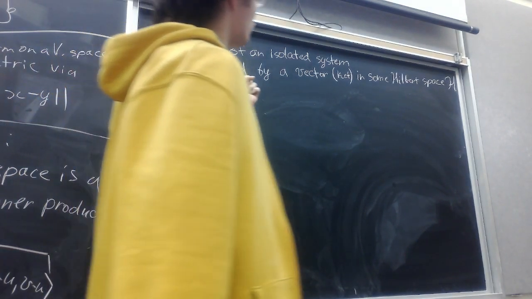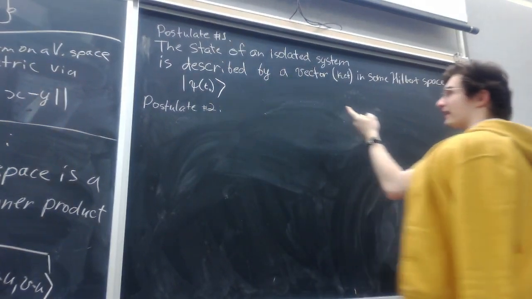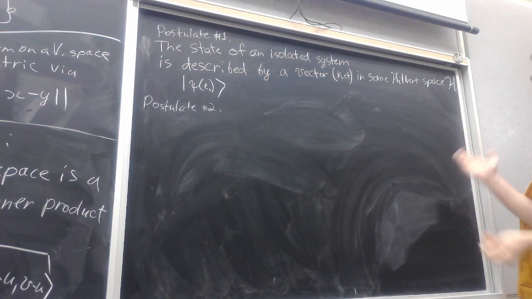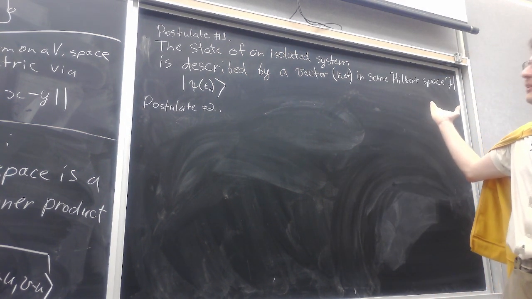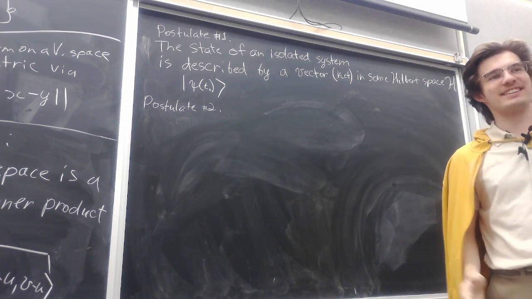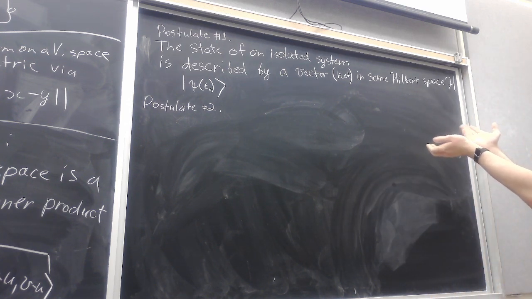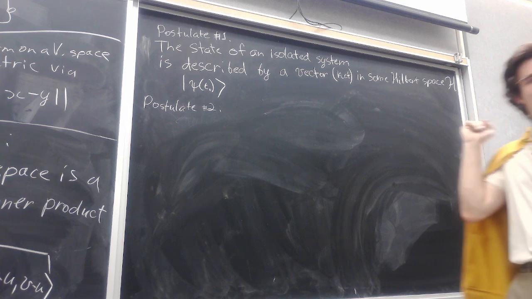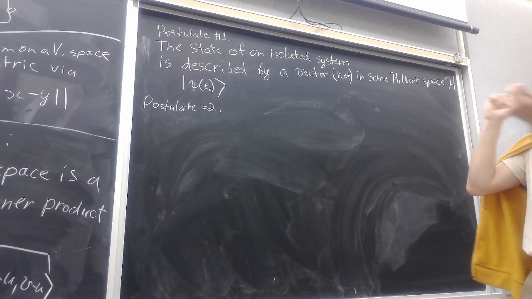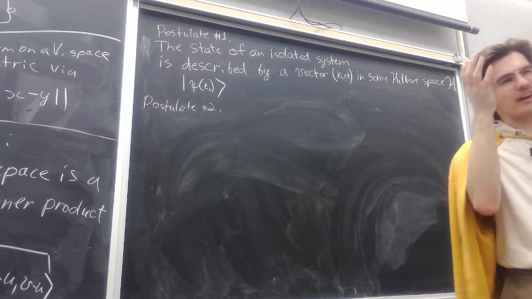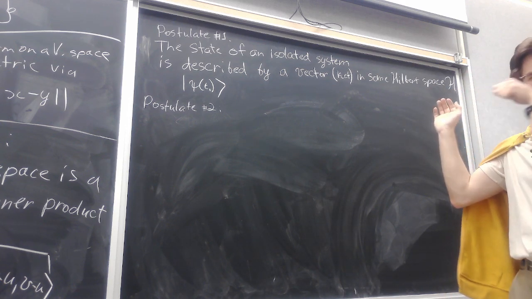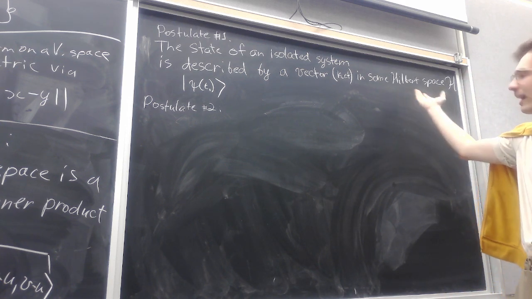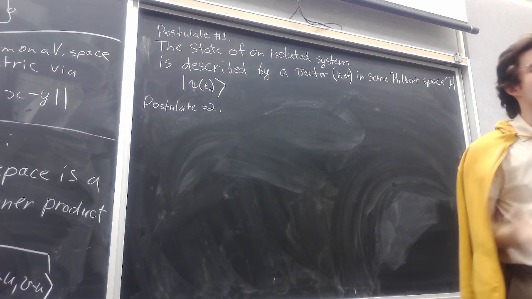Well, look at this postulate. This postulate is saying that the state of a system is described by some vector in some arbitrary Hilbert space. How do you do an experiment to see some Hilbert space, right? This is some realist picture. This is me saying that there is some world out there that our theory is trying to describe, which looks and works in this way, but it's not like I can take this Hilbert space and look at it.